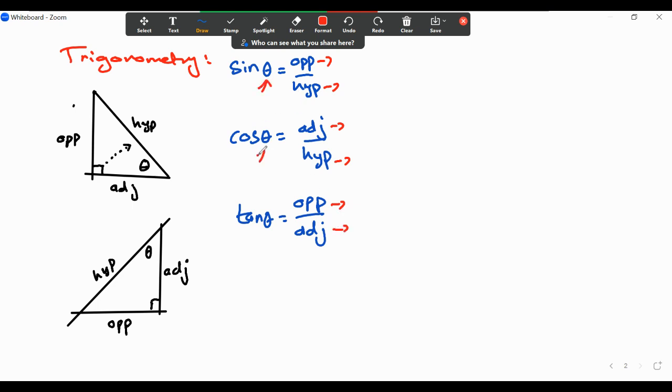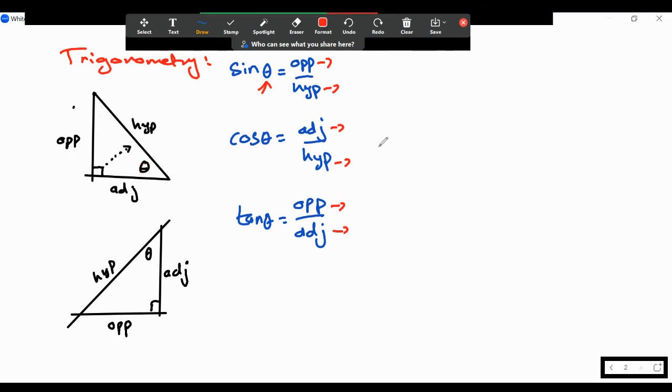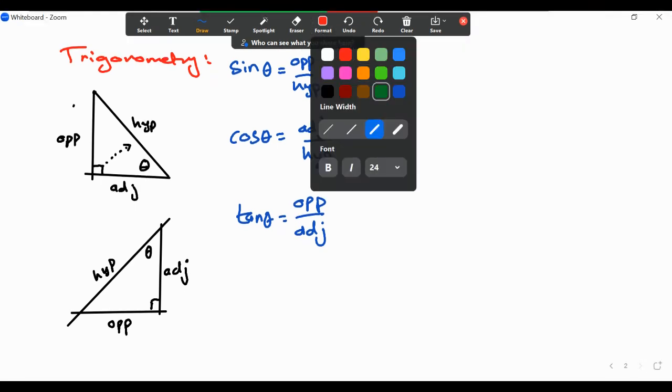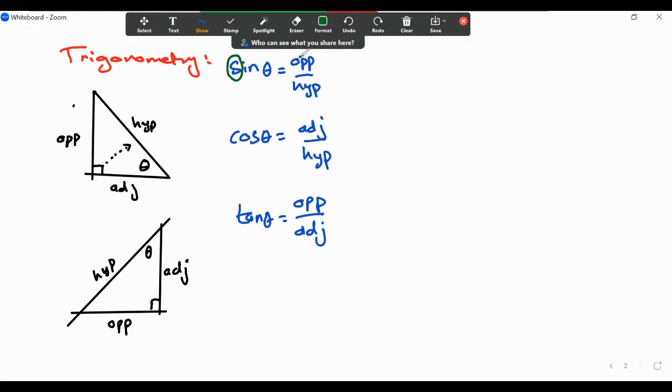All of those are angles inside the triangle. Now to remember this, what we've done is we've taken the S, the O, and the H, and we've produced what is known as SOH. Then we've taken the C, the A, the H, and we've produced what is known as CAH.